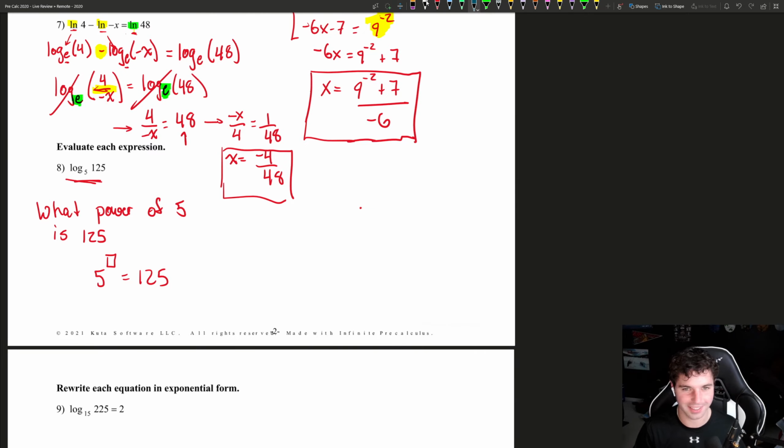So 5 times 5, that's equal to 25. So that's 5 squared. 5 squared times 5, that's equal to 125, which is equal to 5 cubed. So that's our answer to this. That's just the number 3. So this whole thing is just equal to 3.